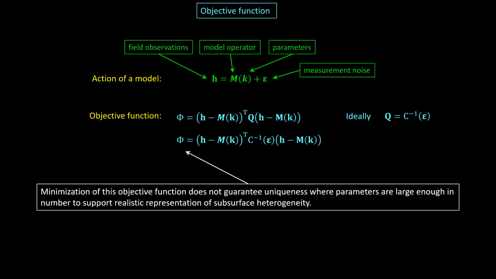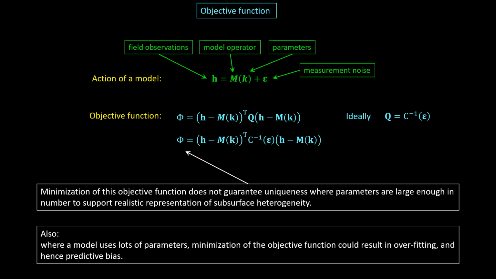So there's no regularization here. And even if minimization of that objective function did give me uniqueness, probably I'd be overfitting model outputs to field data. Overfitting often leads to the assignment of weird values to parameters, and they're then transferred to predictions, and I may incur a considerable amount of predictive bias.